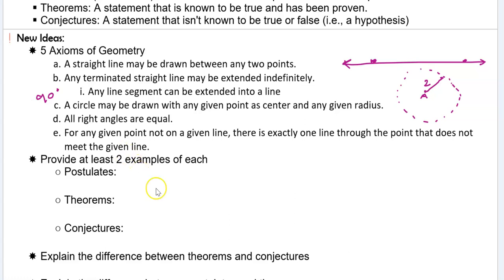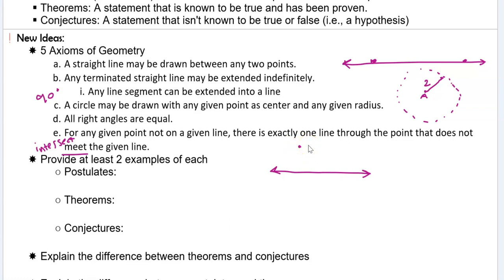And then, for any given point not on a given line, there is exactly one line through the point that does not meet the given line. By meet, they mean the word intersect. So let's think about what that is. So a given line. So let's draw a line. And for any given point, they're saying any point, but it's one point in particular, but it doesn't matter where that point is.